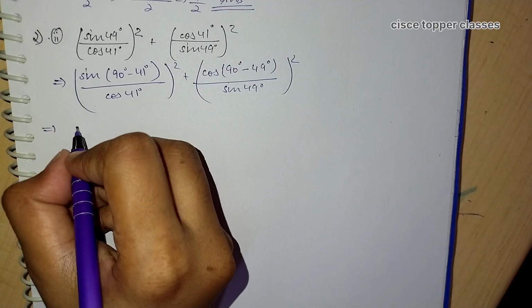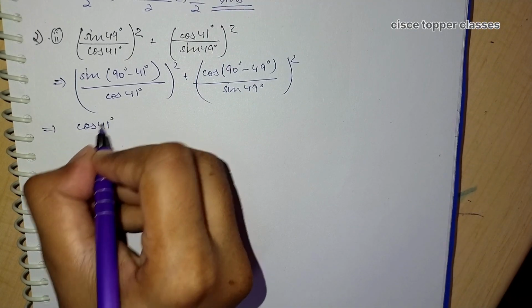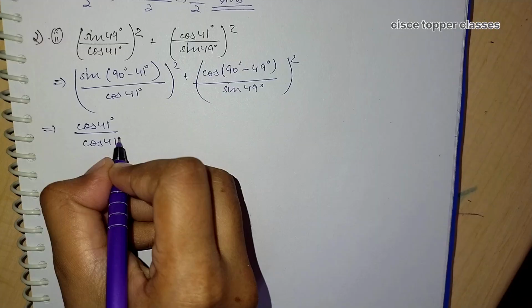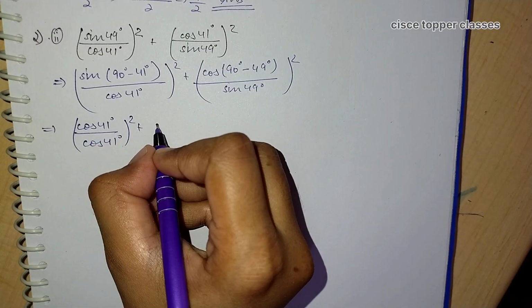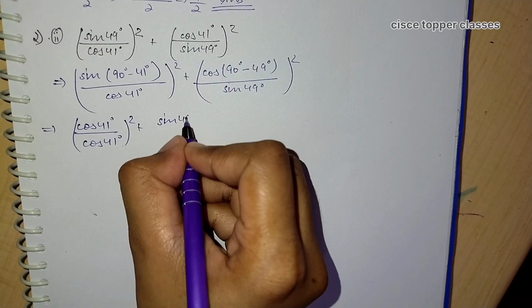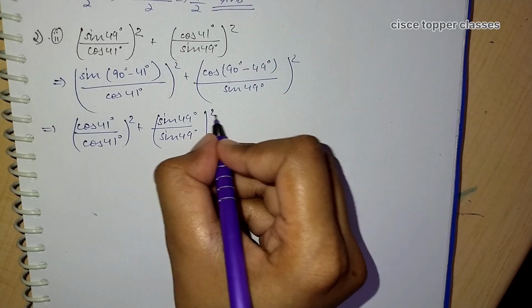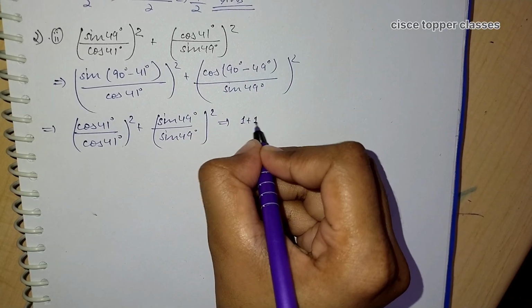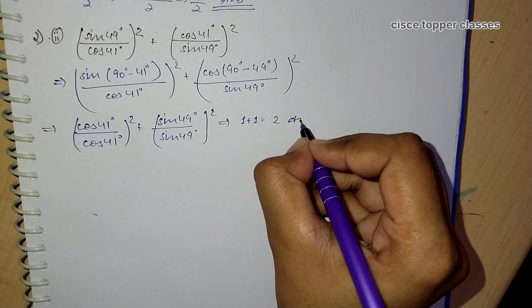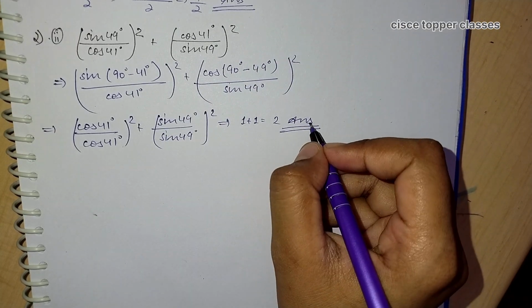So this part we can write as (cos 41 degree divided by cos 41 degree) whole square plus (sin 49 degree divided by sin 49 degree) whole square. So this will be 1 plus 1 equal to 2. Means the final answer in question number 2 second part is 2.